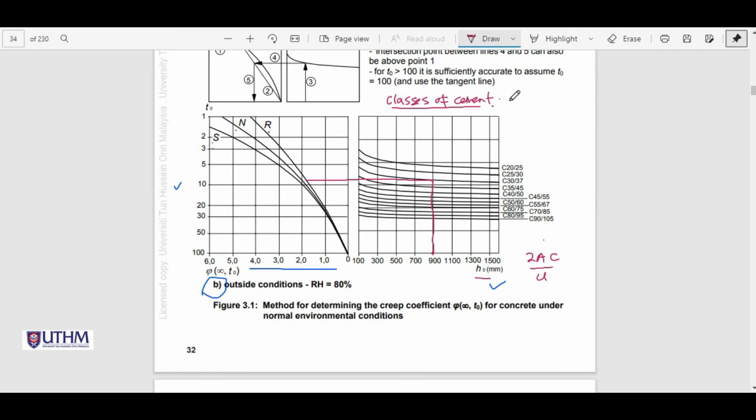R is early strength gain. Meanwhile, N is normal strength gain.